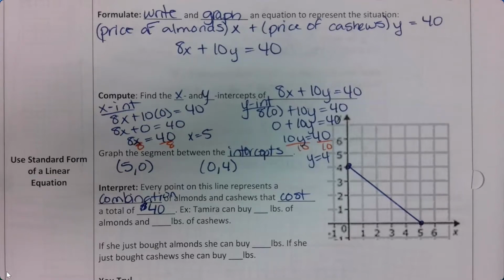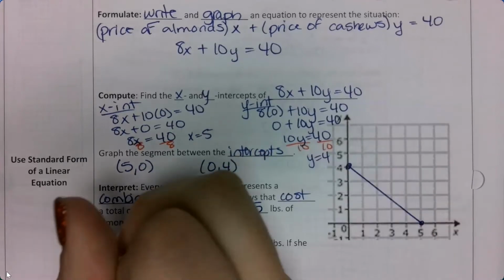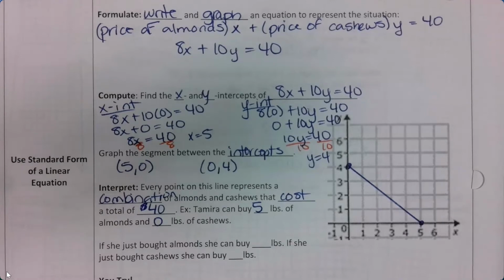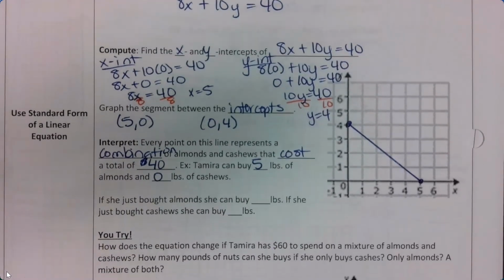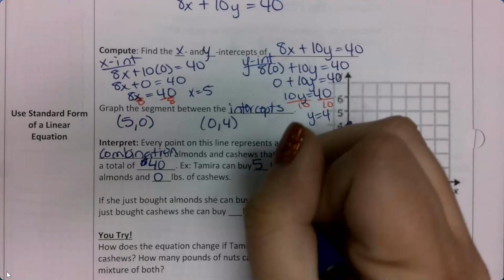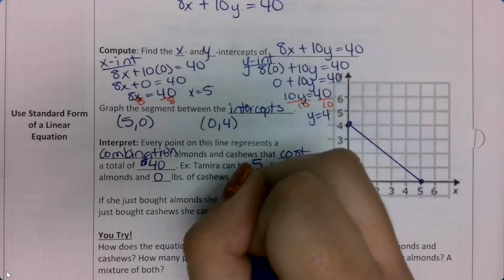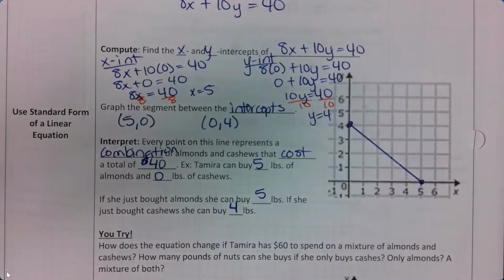So she can buy 5 pounds of almonds and 0 pounds of cashews, and that will cost $40. So if she just buys almonds, she can buy 5 pounds, and if she just buys cashews, she can buy 4 pounds.